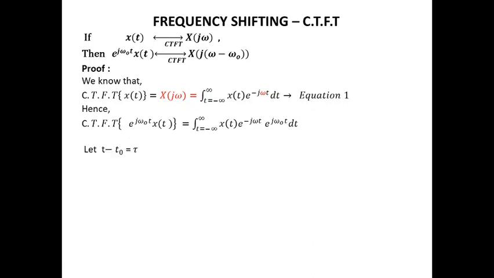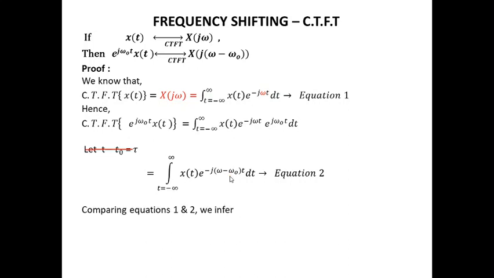This is the integration of x of t e power minus j omega minus omega naught into t dt. It has just been taken over from the previous slide, and this has been compressed into omega minus omega naught, and this is equation number 2.